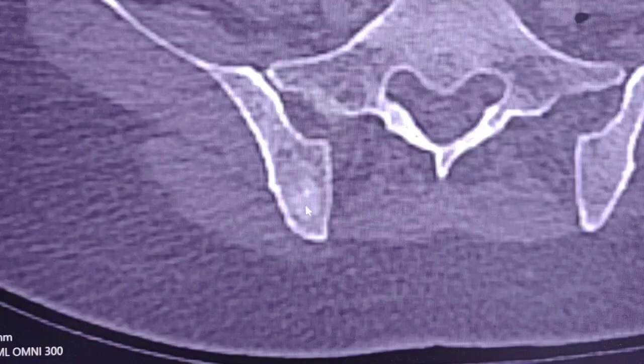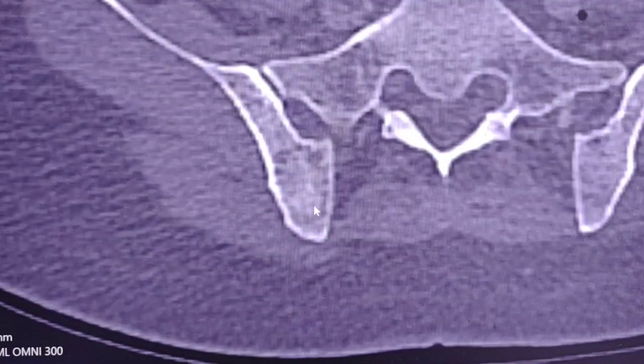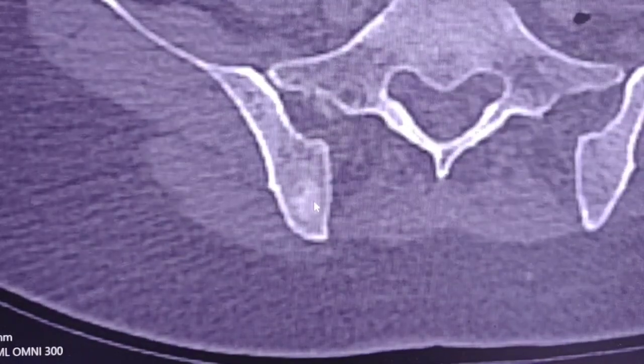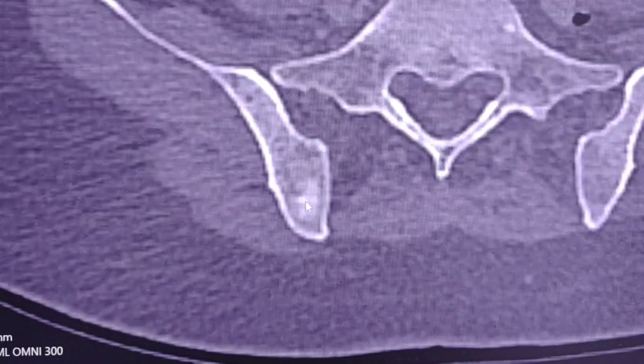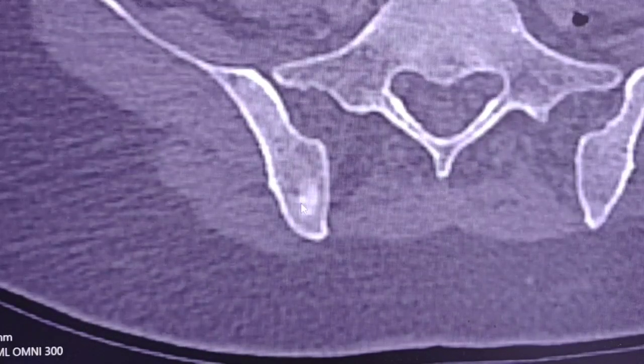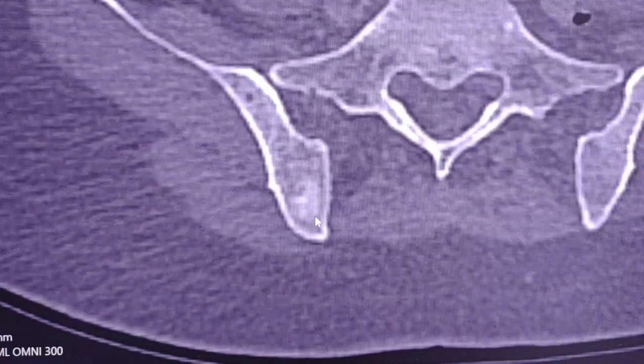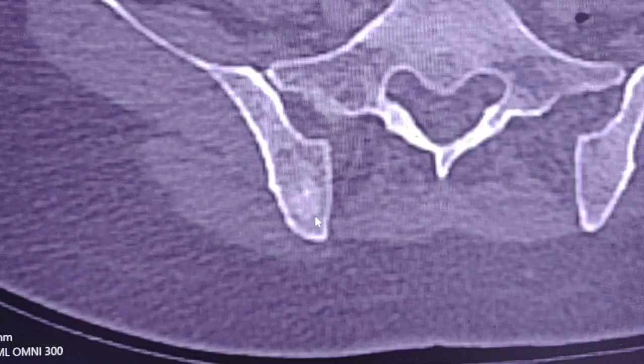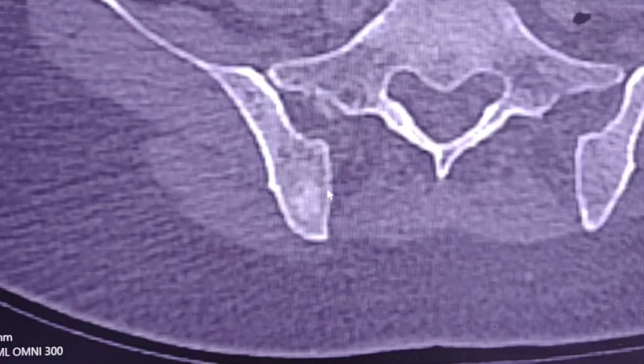There is a focal hyperdensity with some central calcifications like opacities. There are some changes around this lesion.